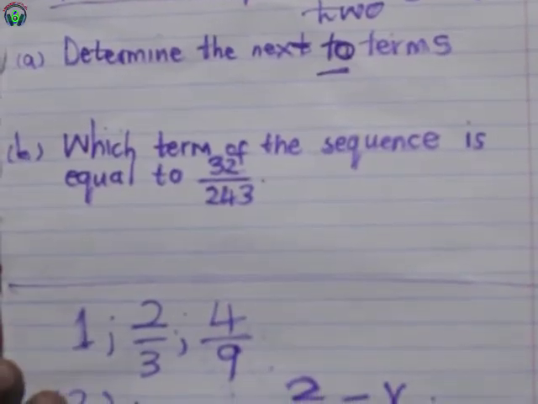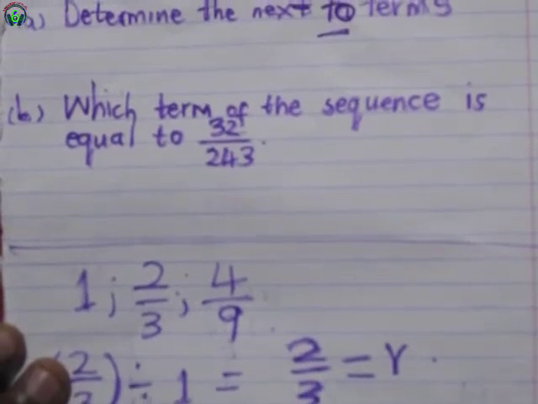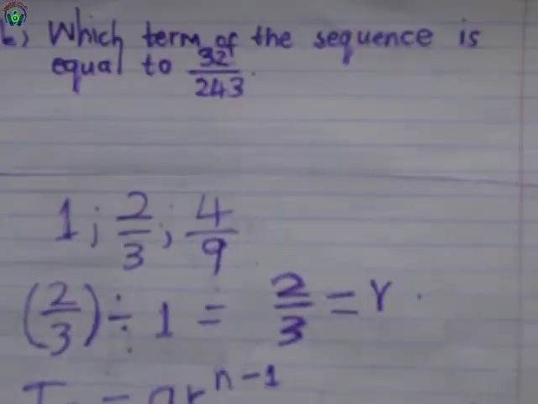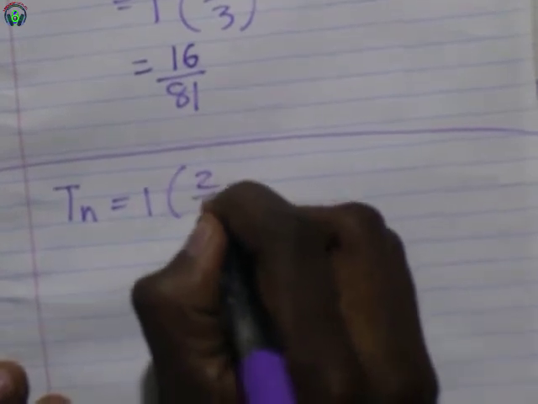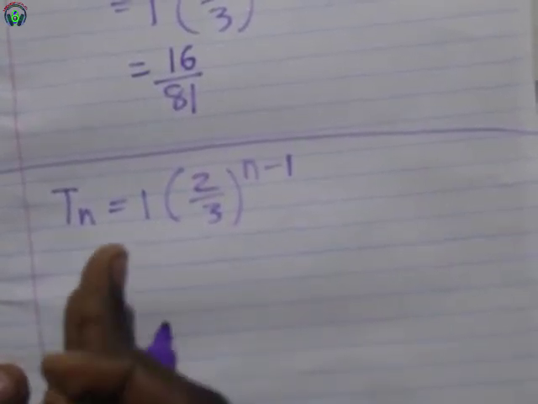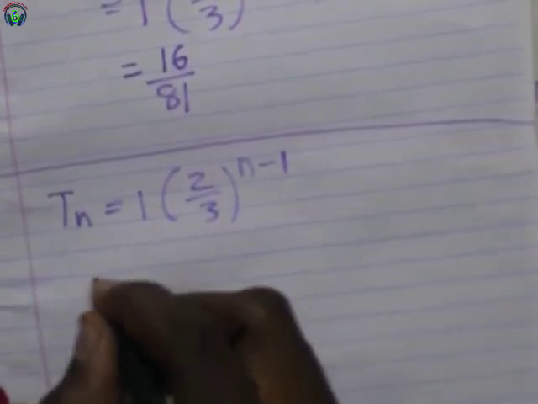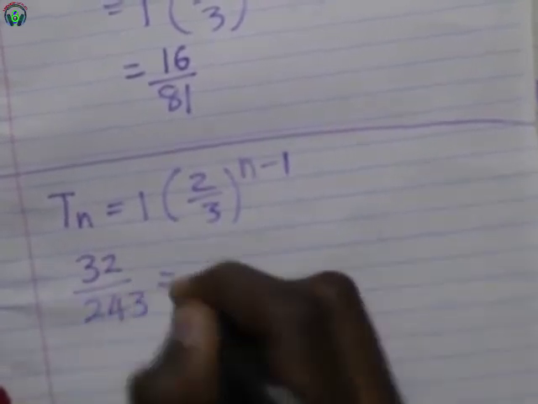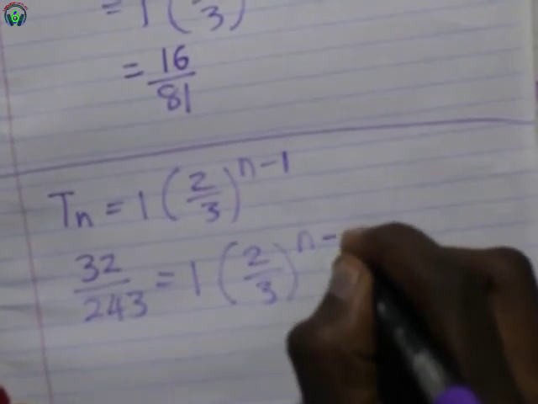Moving on to the second question. Which term of the sequence is equal to 32 over 243? They are looking for n. We have our formula Tn equals 1 into 2 over 3 to the power n minus 1. Now we are given Tn, which is 32 over 243. 32 over 243 equals 1 into 2 over 3 to the power n minus 1.